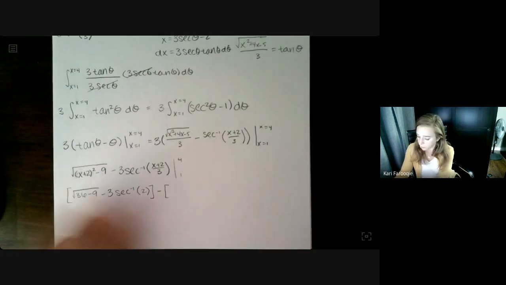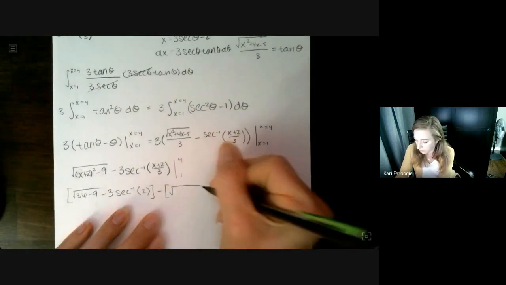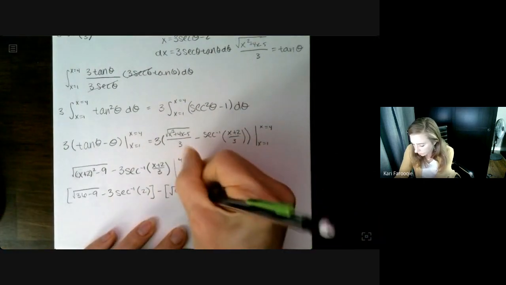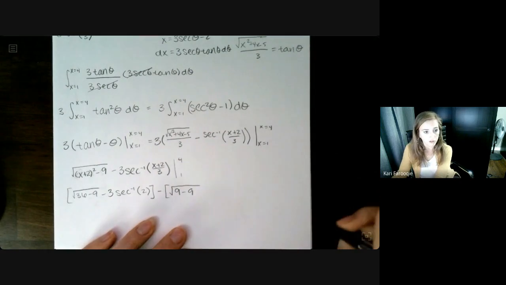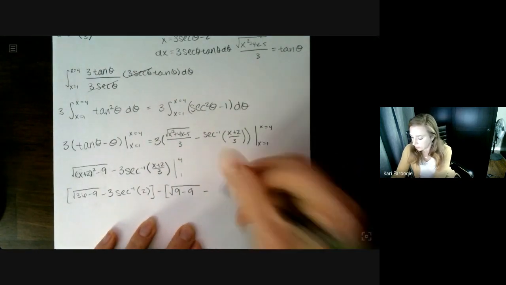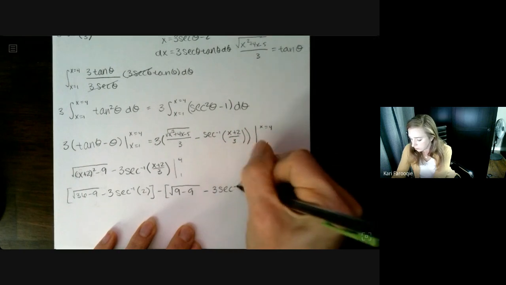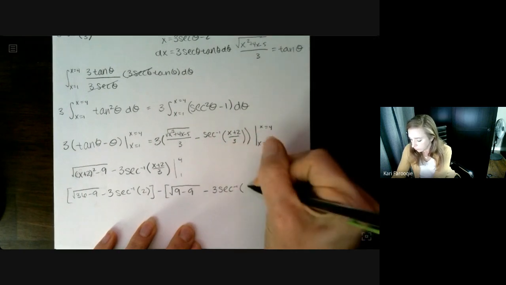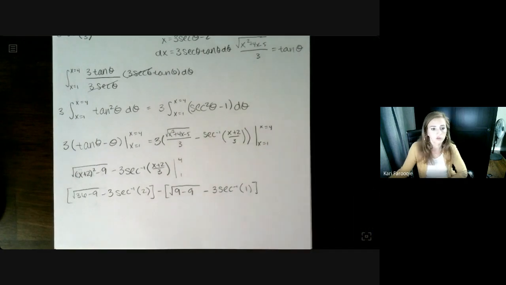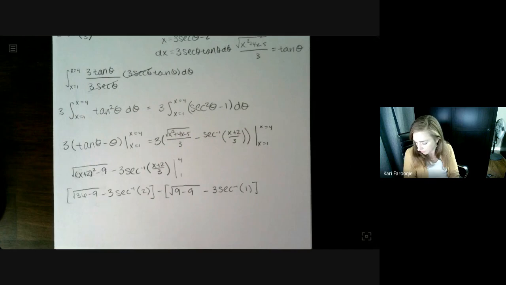So when x is 1, I have the square root of 1 plus 2, which is 3 squared is 9. 9 minus 9 is going to get me to 0. And then minus 3 times the inverse secant of 3 over 3, which is the inverse secant of 1. And then you're just going to have to think about your inverse secant.